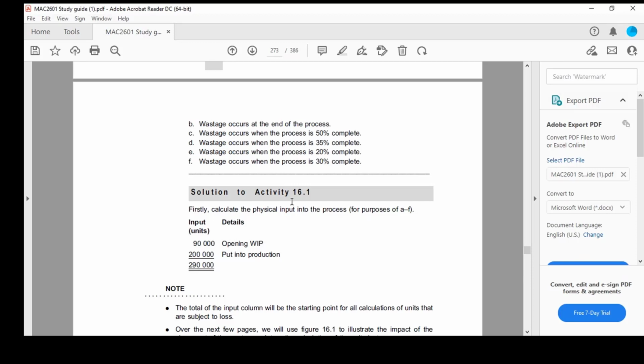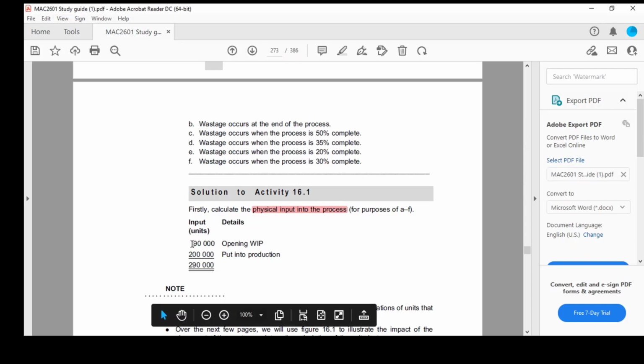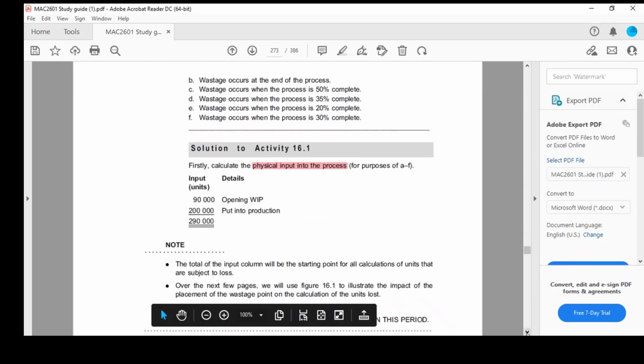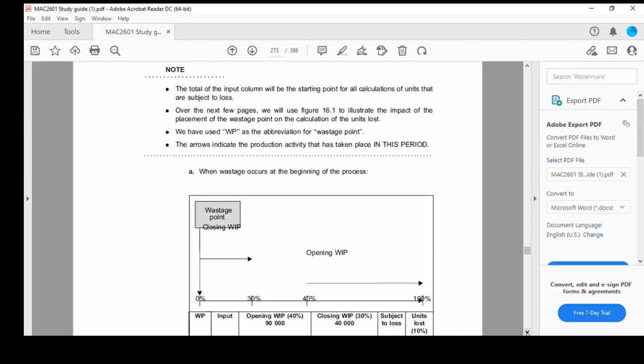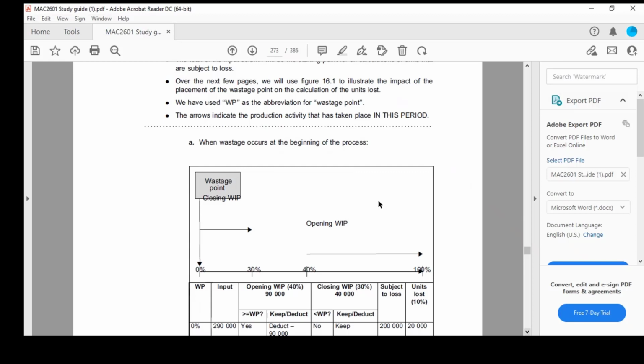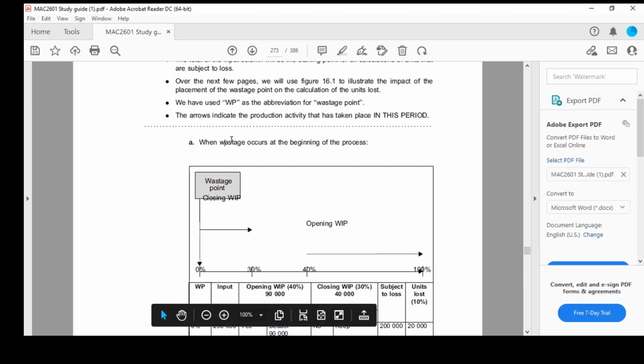So let's look at A, right? You firstly need to calculate your physical input into the process. To calculate it, you'll say, this is my opening WIP, this is what I put into production. Your total is 290. So let's look at this figure.